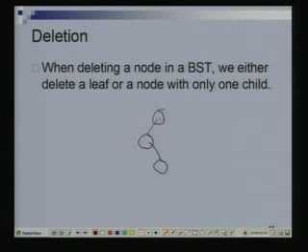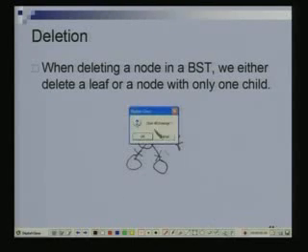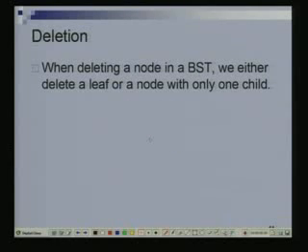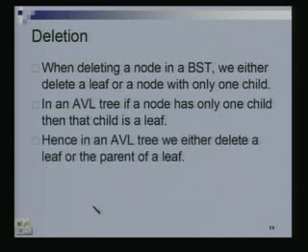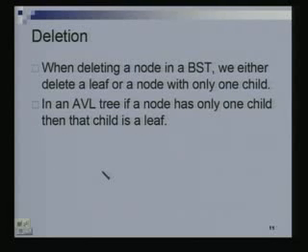There would be a height imbalance here. So it cannot have this child or this child, which means this child is a leaf. So if in an AVL tree a node has only one child, then that child is a leaf.